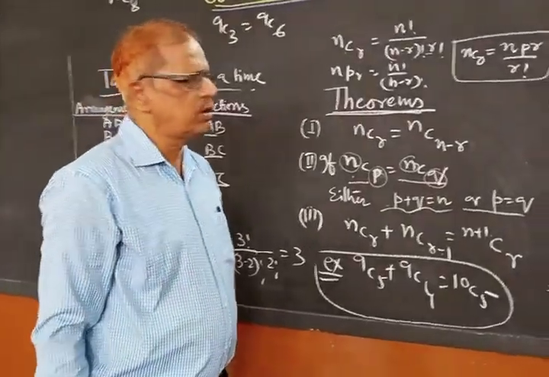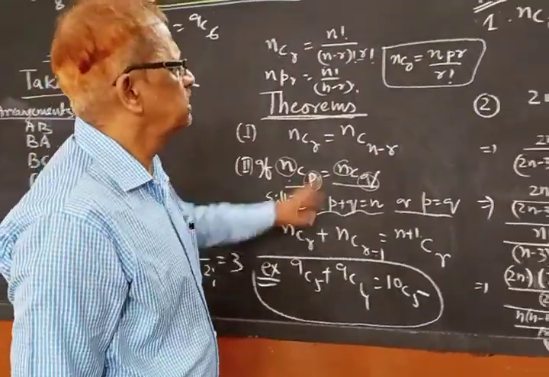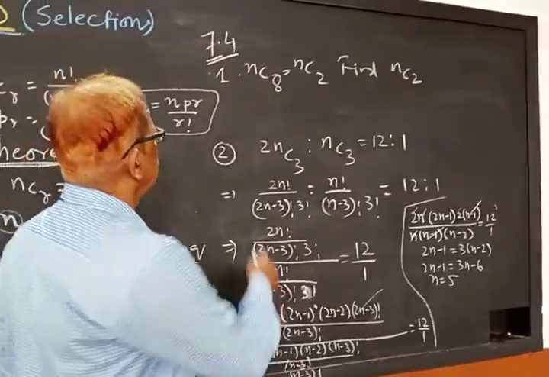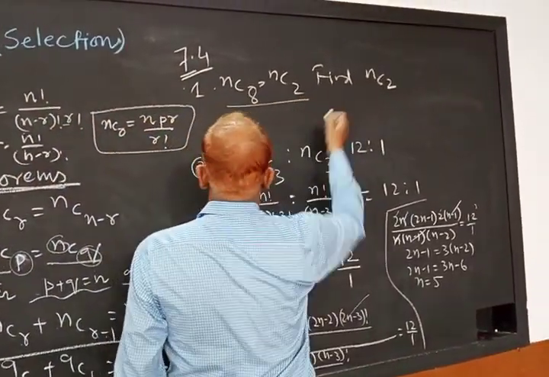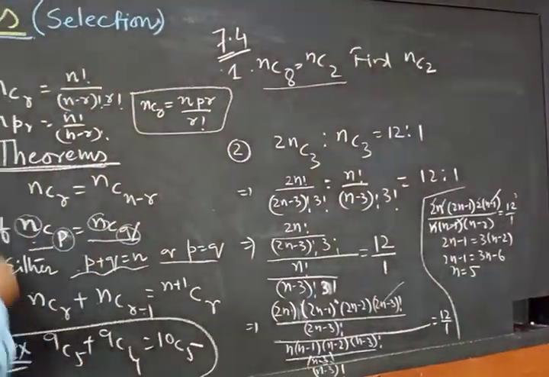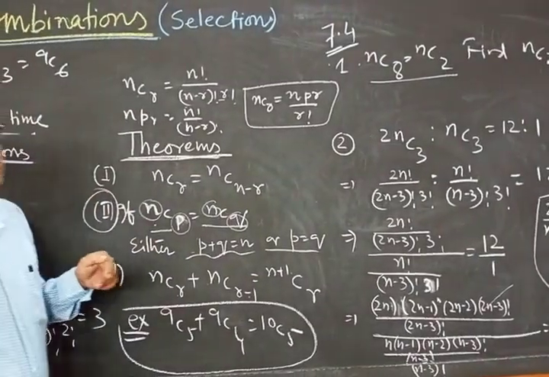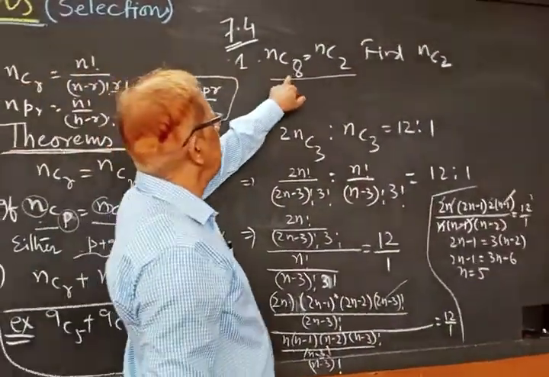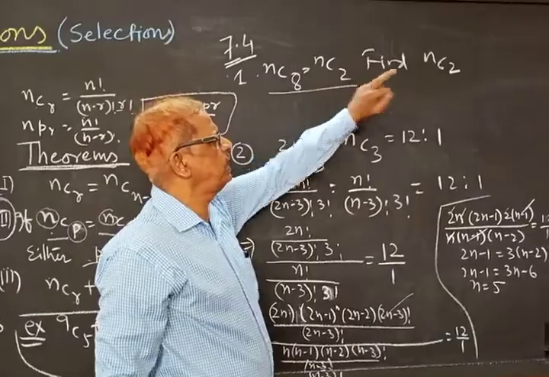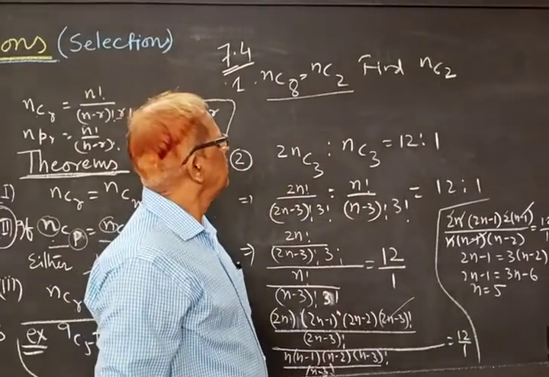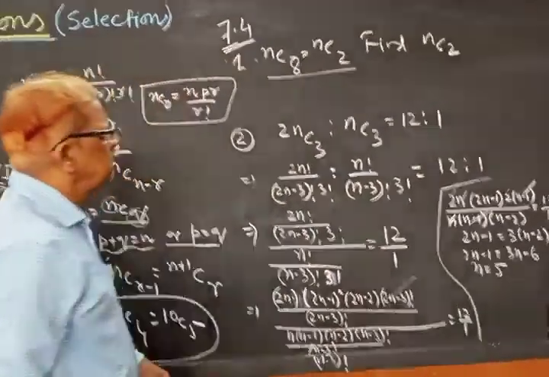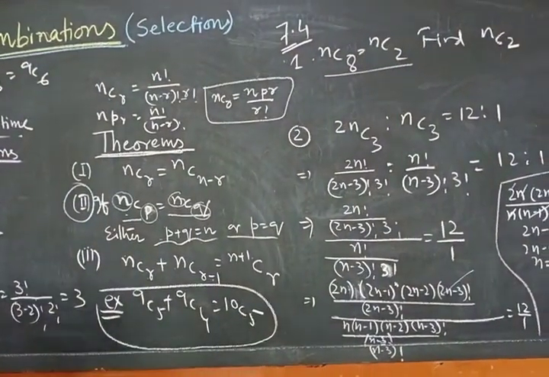Okay, let us solve some questions. Exercise 7.4, first question, based on this theorem. Given nC8 is equal to nC2, we have to find nC2.